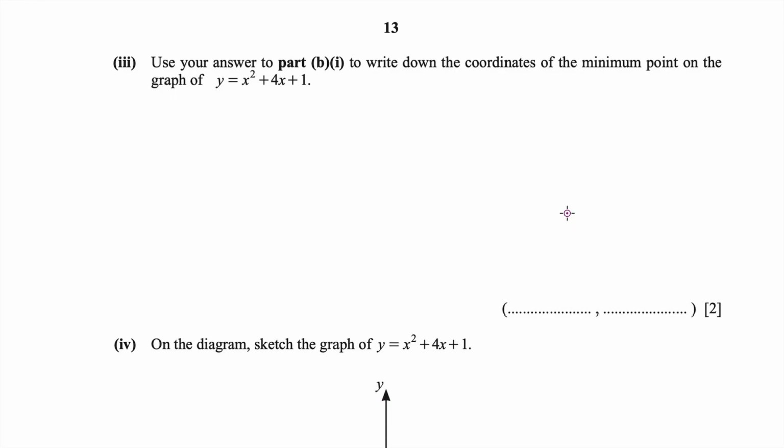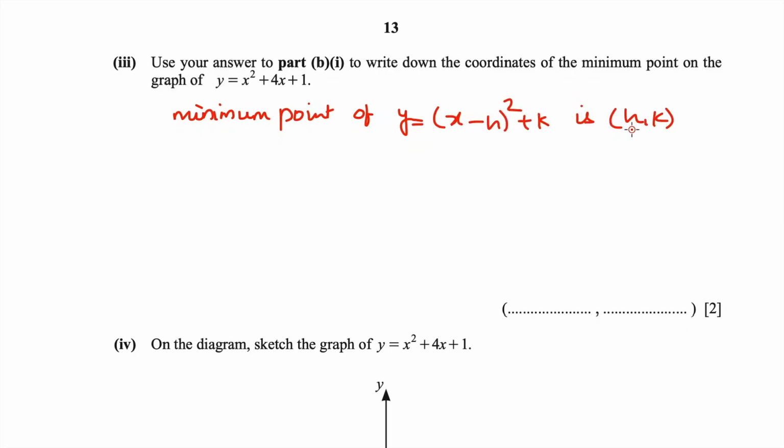Now let us do the third part. Use your answer to part B1 to write down the coordinates of the minimum point of the graph y is equal to x square plus 4x plus 1. So the minimum point of y is equal to x minus h whole square plus k is h comma k.